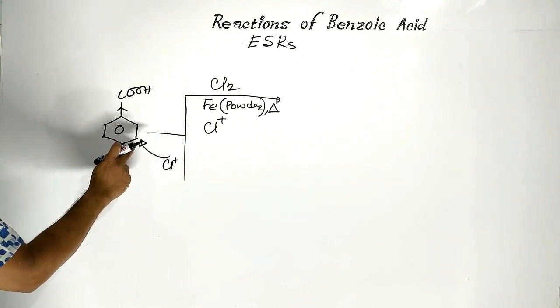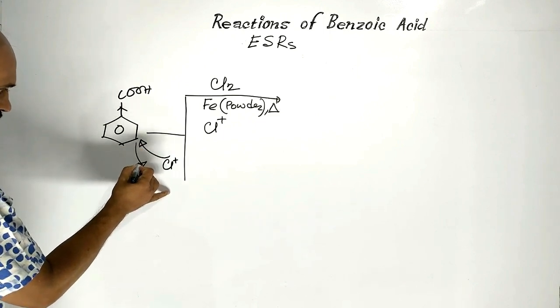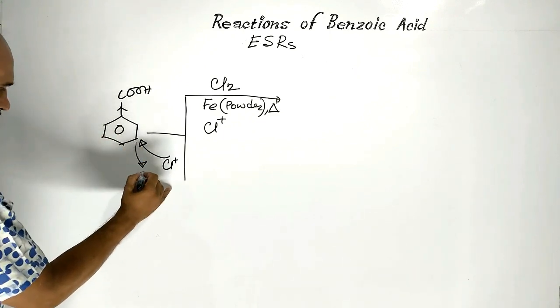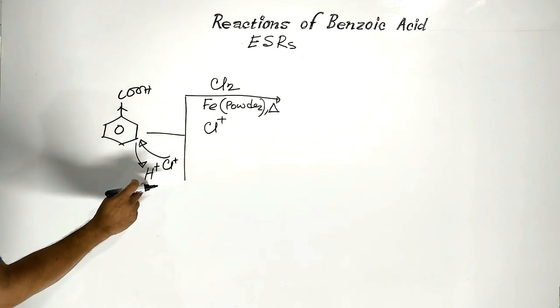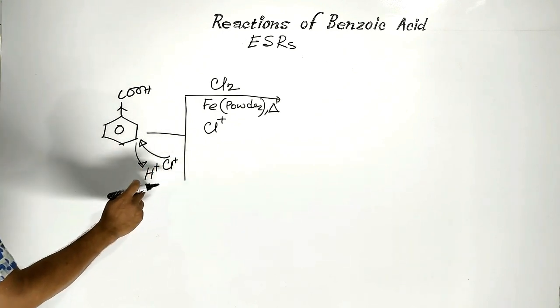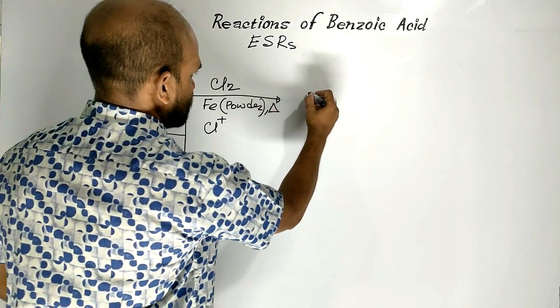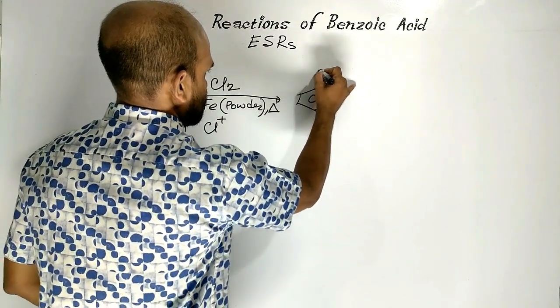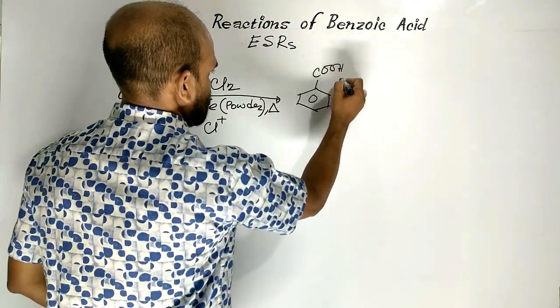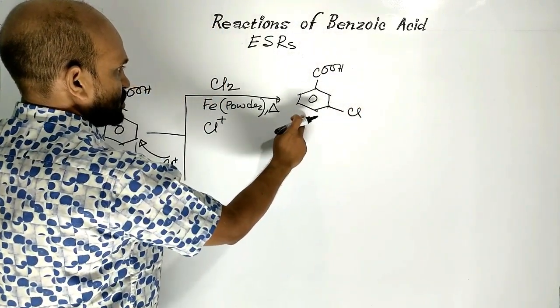metacarbon, and from this metacarbon the hydrogen present here gets released as electrophile. That is, electrophilic substitution occurs at meta position, and as a result, this is obtained, metachlorobenzoic acid.